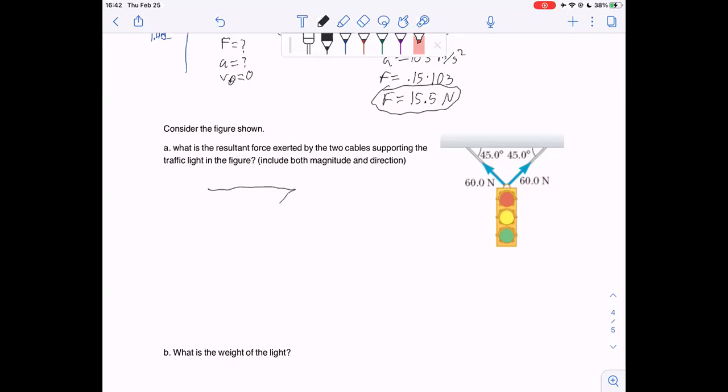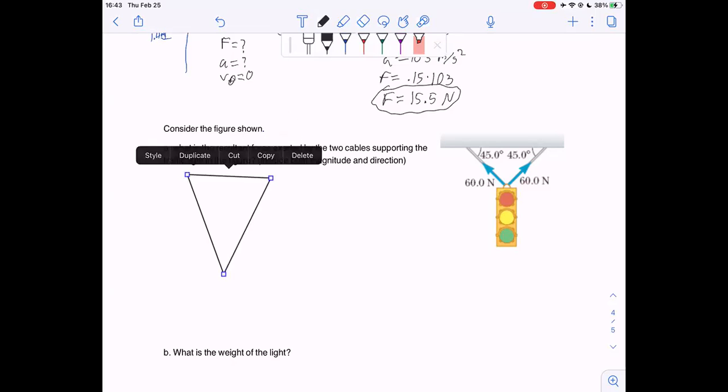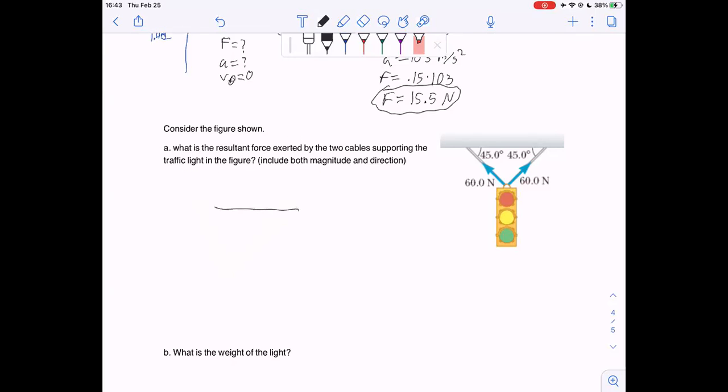So we have a little triangle. I don't like that triangle. And then we find components. So we know this angle is 45 degrees. No, this angle is 45 degrees.